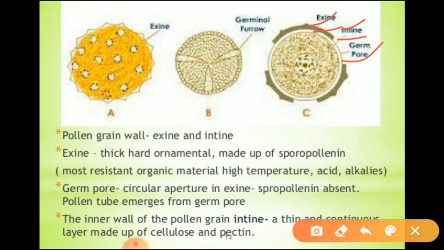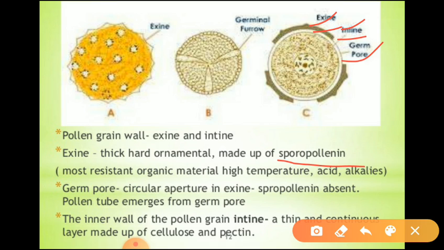This exine consists of a material that we call sporopollenin. Actually, what is sporopollenin? It is a decay-resistant complex biopolymer that constitutes the outer wall of the pollen grain.